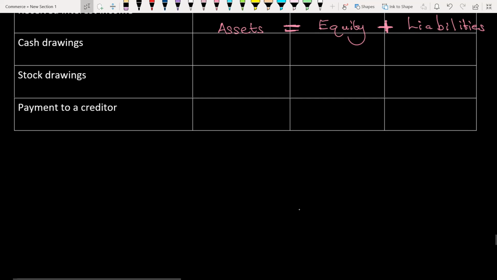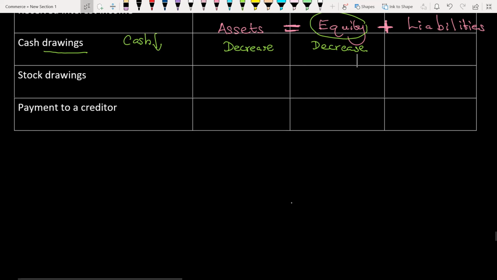Okay, now let's take a look at the last three transactions. Cash drawings. Here, cash drawings means the owner of the business withdraws business cash for his personal use. So we know that definitely the cash of the business reduces. This means assets of the business decrease. And because of this drawing, the equity of the business also decreases.